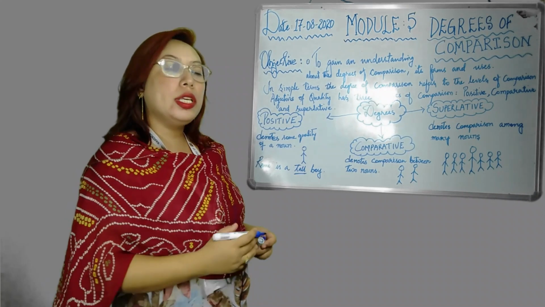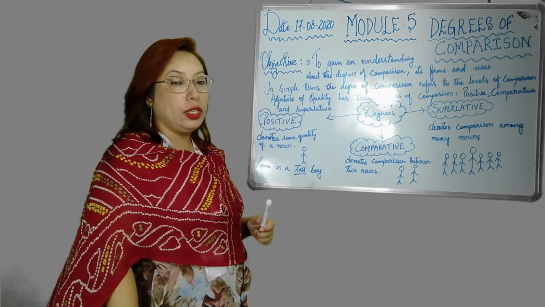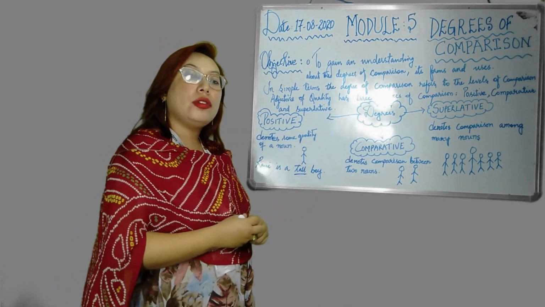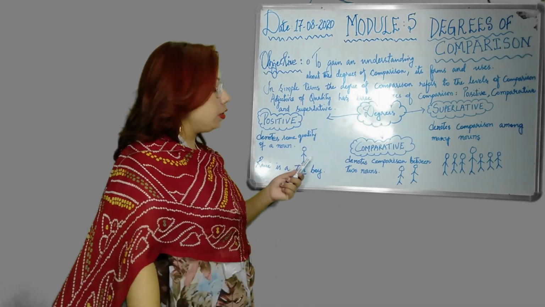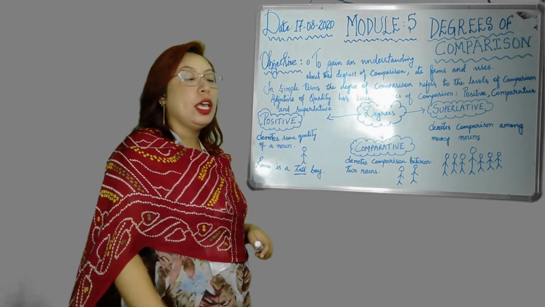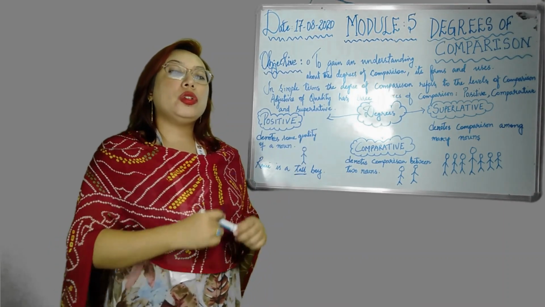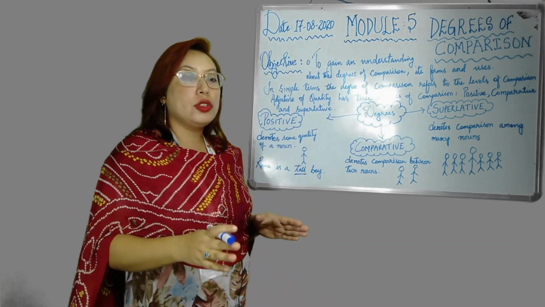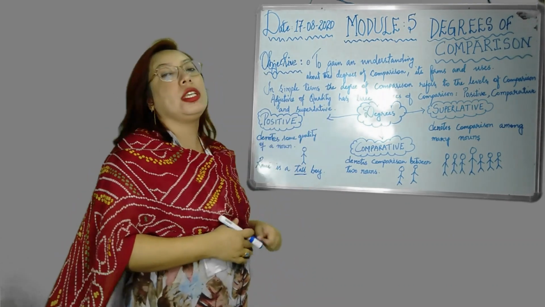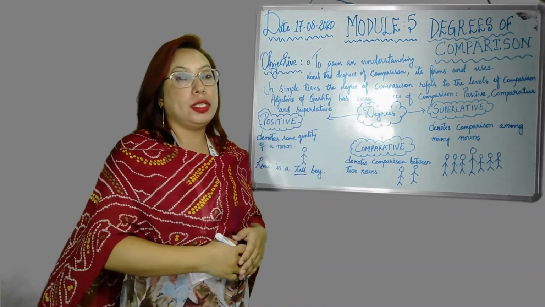It is denoting something about the boy Ravi, telling us that Ravi has a peculiar characteristic, that Ravi is a tall boy, okay? So this kind of degree which denotes the quality of a noun is called the positive degree. It is not comparing the noun with any other person, okay?